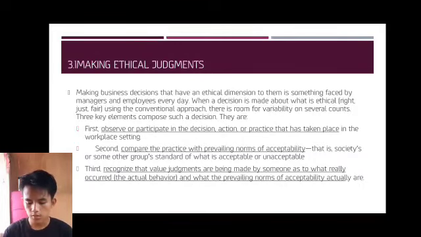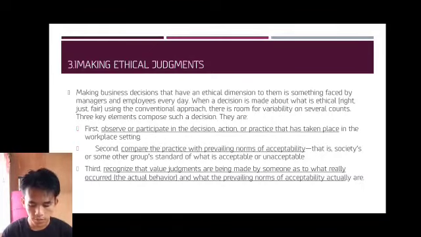When a decision is made about what is ethical, right, just, or fair using the conventional approach, there is room for variability on several counts. Three elements compose such a decision. First, observe or participate in the practice that has taken place in the workplace setting.